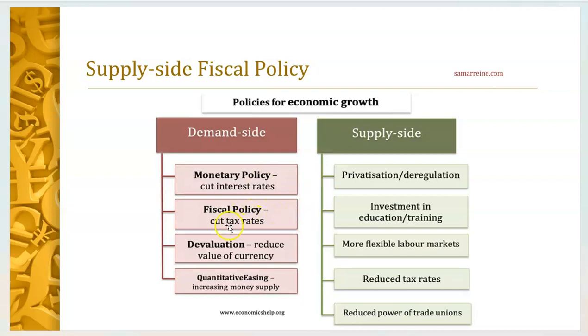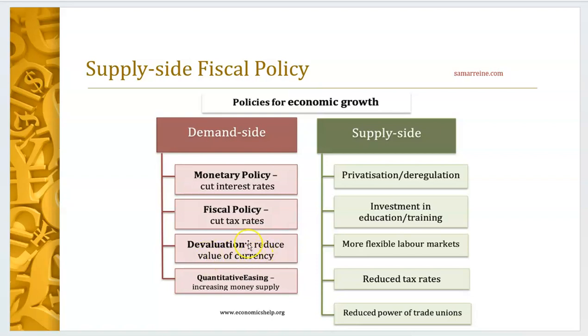Fiscal policy, in this case, is cutting tax rates, right? Where the government says, okay, for X number of years, 2 years, 3 years, we're going to reduce taxes by this much per category, per tier. Well, this is going to be a stimulus.